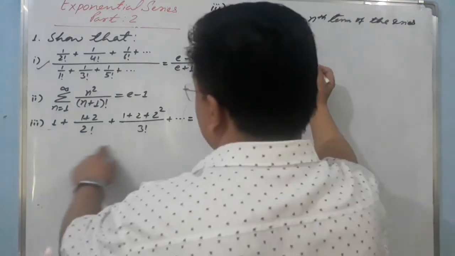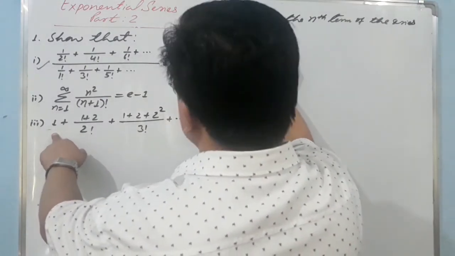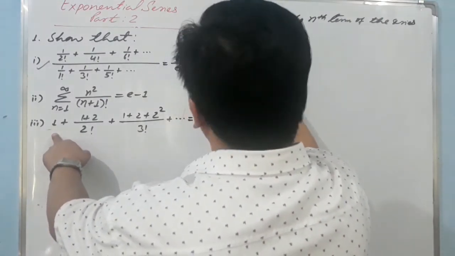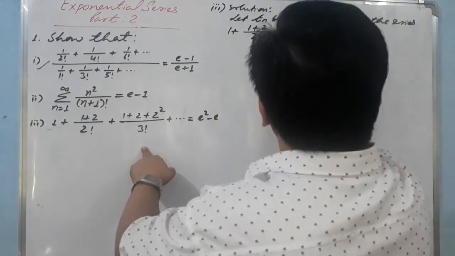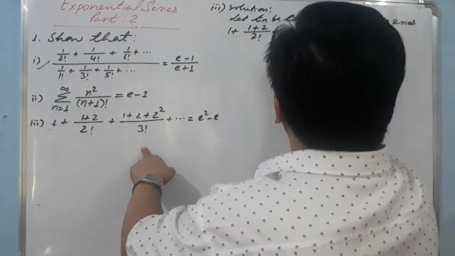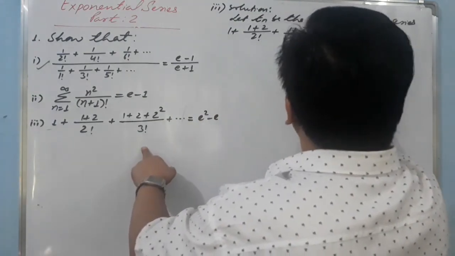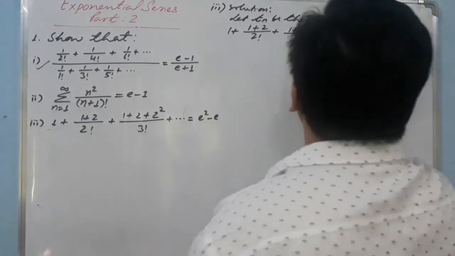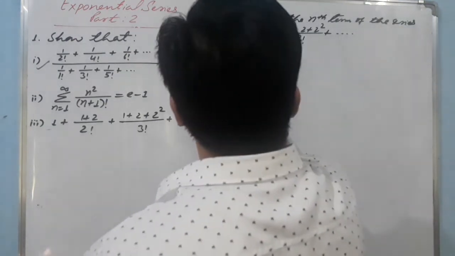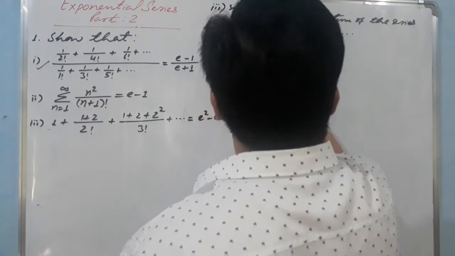So the series is this one: 1 plus (1 plus 2) upon 2 factorial plus (1 plus 2 plus 2 square) over 3 factorial plus dot dot. Then let's see, what will be your Tn?